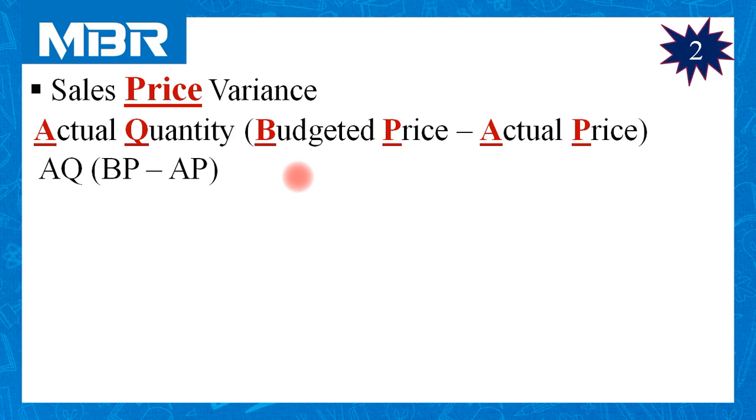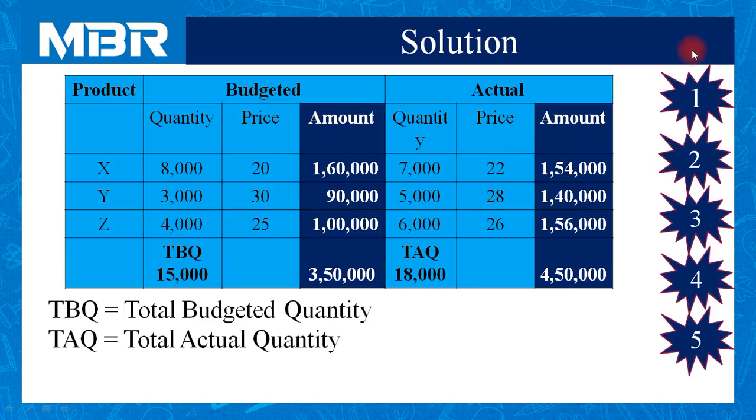Instead of the budgeted term, you can use the term standard. Ultimately, it is one and the same as far as our calculation is concerned. Now, from your question, you can easily recognize the figure of actual quantity. Budgeted price is given over here, and actual price is given in the part of actual information.